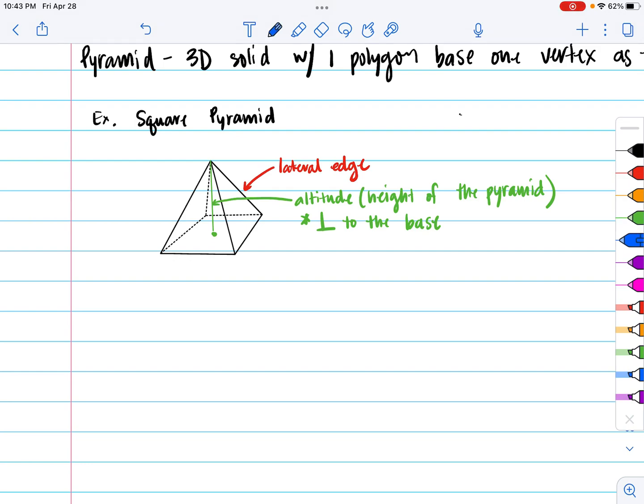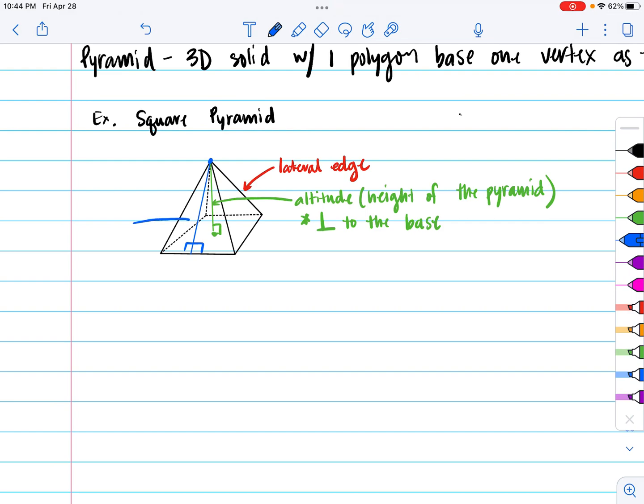And then we also have slant height. Now, the altitude goes directly down. Slant height is slightly different. It starts at the vertex just like an altitude does, but it actually goes pretty much down the side of the pyramid, like the surface of the pyramid. I should have made a right angle for the altitude.